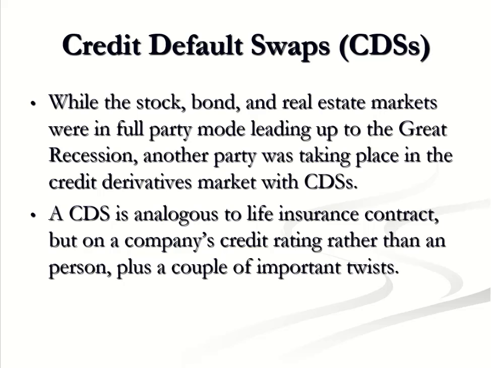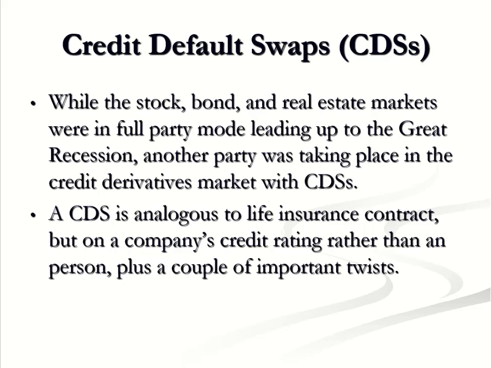When you buy life insurance, you're buying insurance on an individual in whom you have a valid insurable interest, such as a financial interest, where you would be adversely affected by the person's death. Credit default swaps are like an insurance policy, but they're an insurance policy on the credit situation of a company, a credit rating of a company.